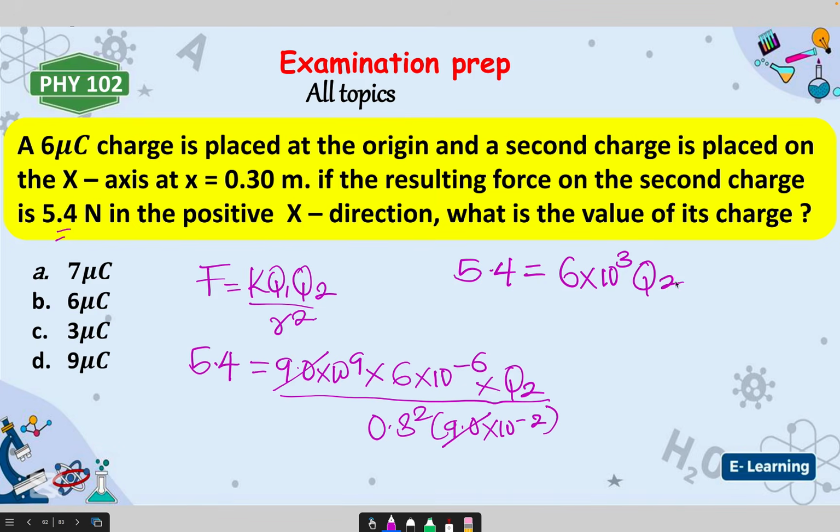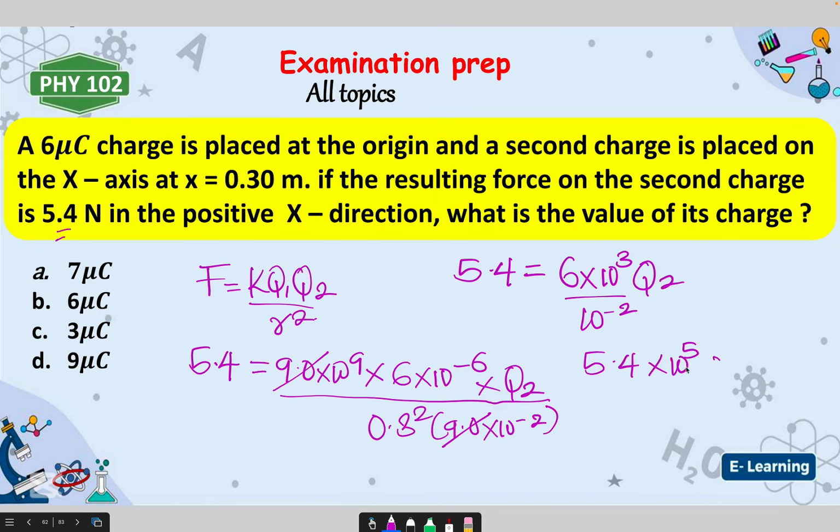Times Q2 divided by 10 raised to the power of minus 2, which is this one under. You can press all this in your calculator, I'm just trying to use my brain and get the answer quickly. When this one comes up, it becomes 5.4 times 10 raised to the power of 3 plus 2, which is what? 5.